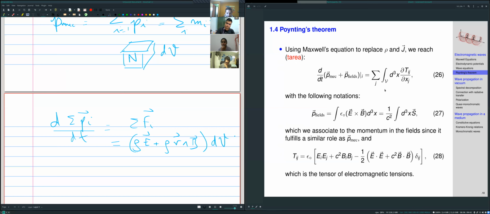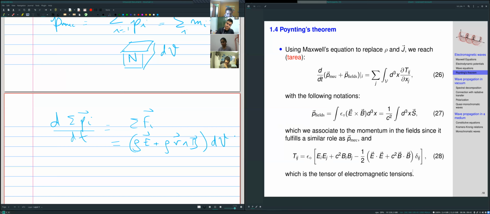Okay. And on the right-hand side, we have this horrible term here, which is the sum over Cartesian components, j goes 1, 2, and 3. We have something close to a divergence, since we are summing the gradients along each component. And this matrix here is called the tensor of electromagnetic tensions. Its expression is like that. It's not diagonal.